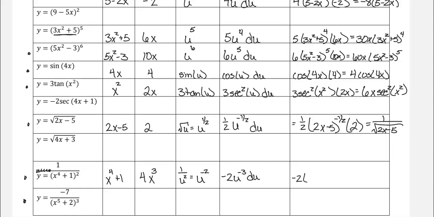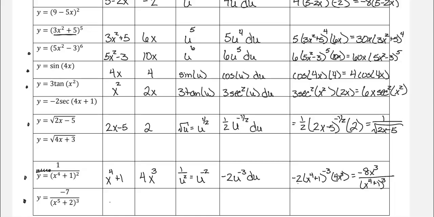So we're going to have negative 2 times u to the negative 3 times du. u is x to the 4th plus 1. du is 4x cubed. And we're going to clean this up. That's going to be negative 8x cubed over x to the 4th plus 1 quantity cubed.